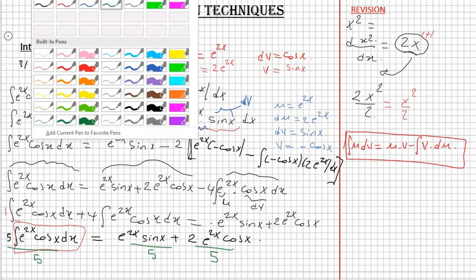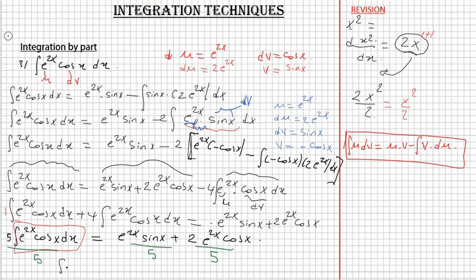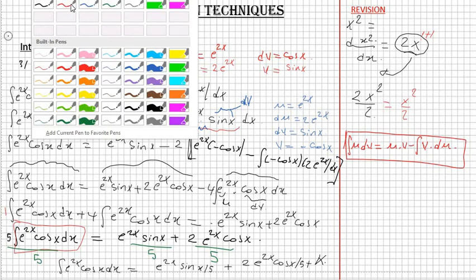So the final answer will be the integration of e to the power of 2x cos x dx gives e to the power of 2x sine x over 5 plus 2e to the power of 2x cos x over 5 plus k, so always involve k. So this is the final answer.